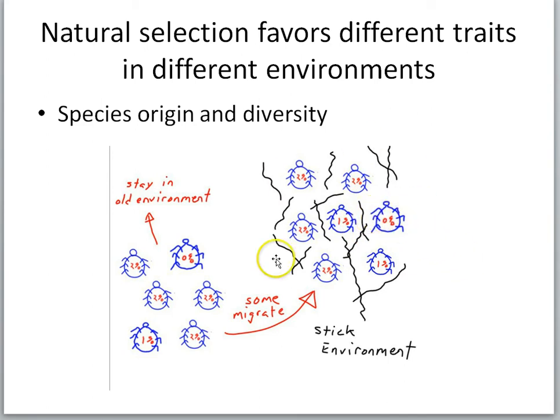As a result, then, there will be a selection for thinner and thinner bodies in this environment, but not in the old environment. So as a consequence, different traits will evolve in these two populations. If they remain separated, then over time they can become separate species. Well, that might explain how one species can split into two species, where some members go into a new environment and some stay in the old environment.